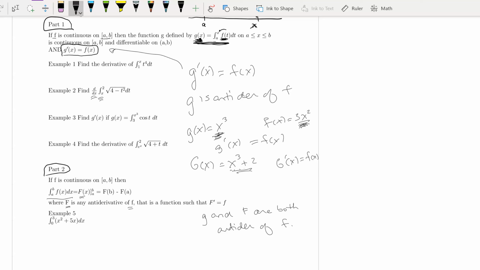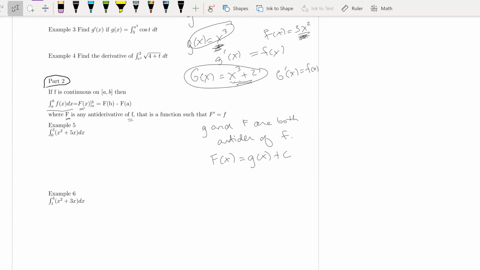So the only difference between the two of them is that there's a constant difference, right? So I'm going to say that this capital F is different from g by just a constant, right? So just different by a constant.